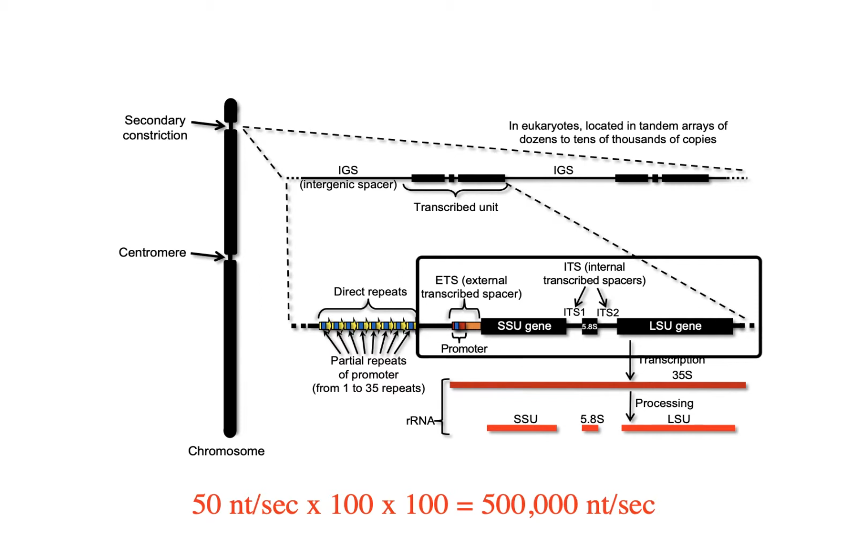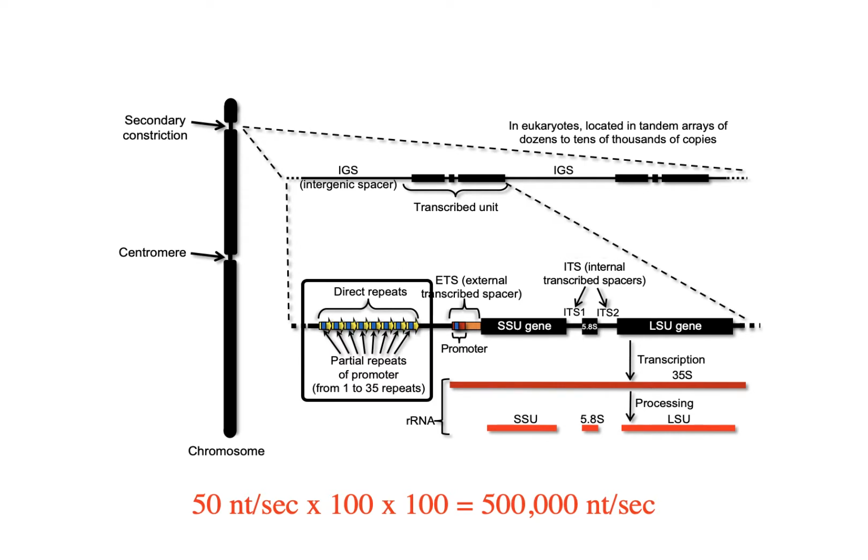you find the transcribed region, where there's a small subunit gene, large subunit gene with the promoter. And these regions down here are subrepeats. Each one of those in Vicia faba, anyway, is 325 base pairs in length.